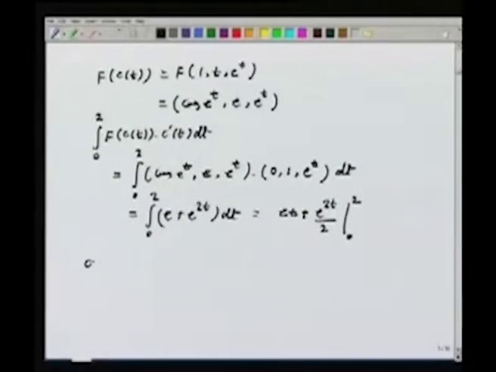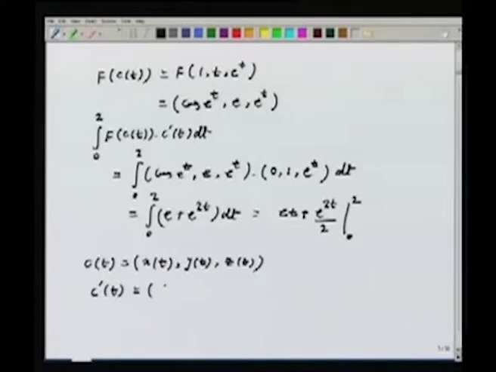Now in some of the calculus books, you can see an alternative expression of the line integrals, that I will also explain now. Given the curve C(t), which is written as x(t), y(t), z(t), I can write C prime t as dx/dt, dy/dt, then dz/dt.